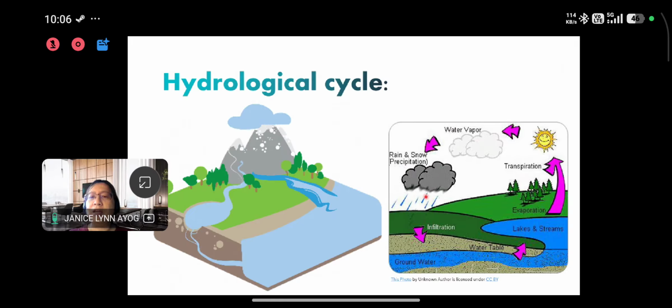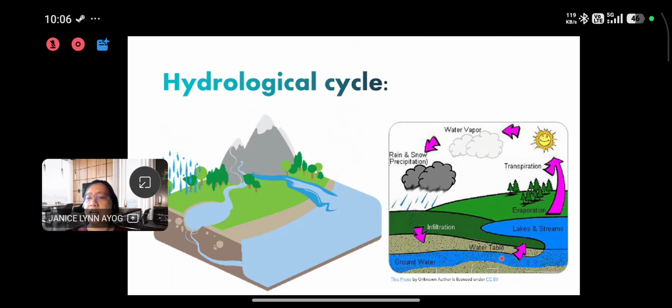So when you have the rain, rain will fall down on the ground, and it will produce surface runoff. Here, there's no surface runoff, but surface runoff is basically the water that falls on the surface of the land. But there is also water that penetrates through the ground, and then we have the infiltration. If you see my cursor, from the infiltration, if it goes further down, it will reach aquifers or groundwater.